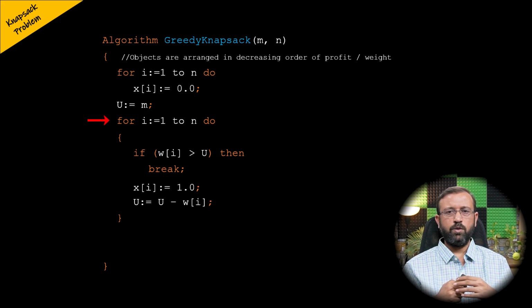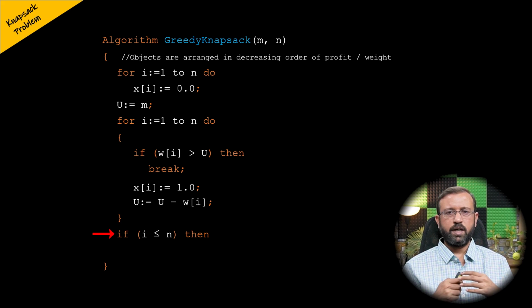Now, this for loop will place all the objects that can fit in the knapsack according to the capacity of the knapsack. Then, there may be some capacity remaining in the knapsack. So, we will check if there are any objects left that can be placed in the knapsack using the if statement with the condition I less than equal to n.